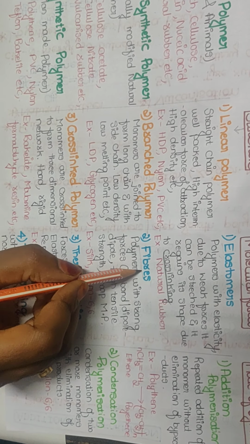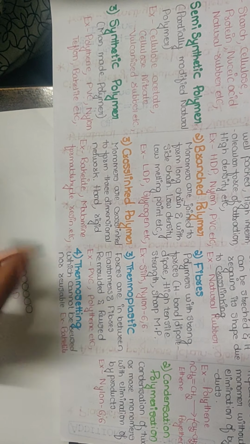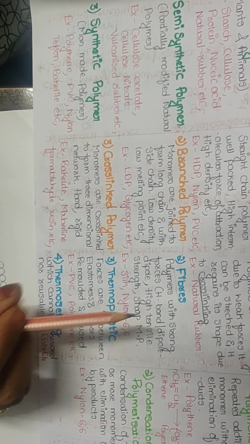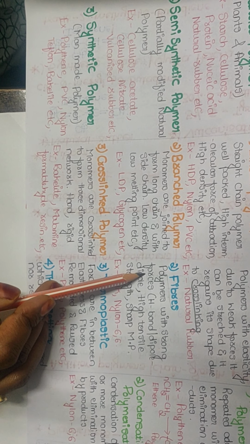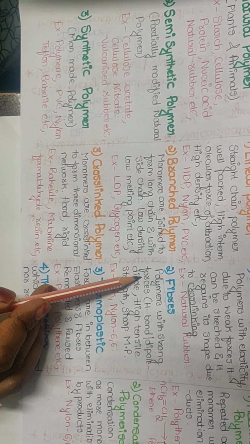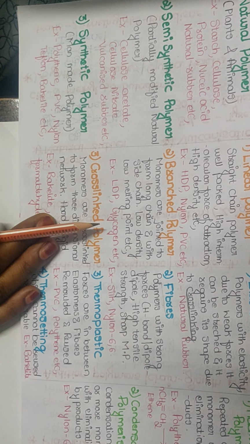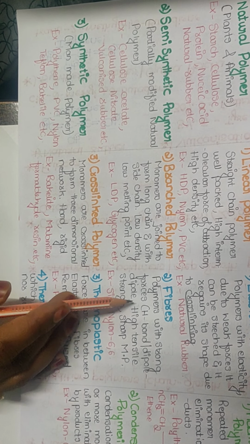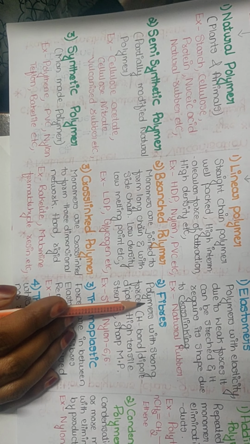Fibers are those polymers which have very high intermolecular force of attraction. What type of force of attraction exists? Of course, they have hydrogen bonds and dipole-dipole interactions. All those are the strong intermolecular forces of attraction existing in these polymers.